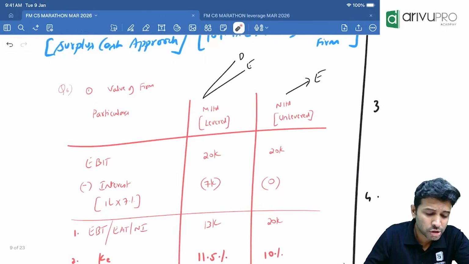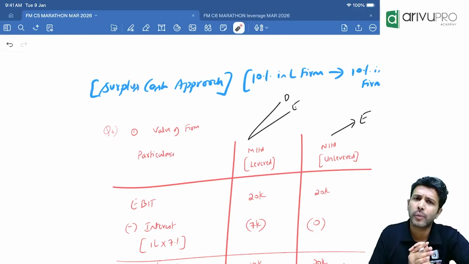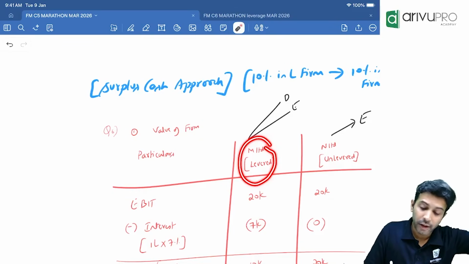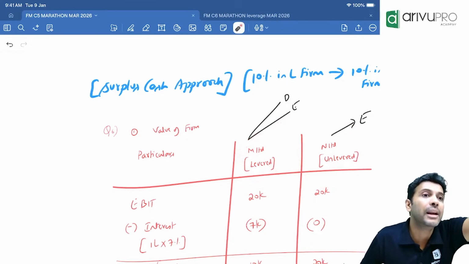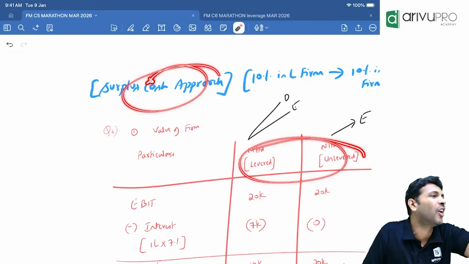Now, surplus earnings approach or surplus cash approach? Surplus cash approach. In the surplus cash approach, how much was the investor holding previously? 10%, in M Limited. Now also the investor will hold how much? 10%, but of N Limited. That means the shareholding percentage in the surplus cash approach will change or not change?